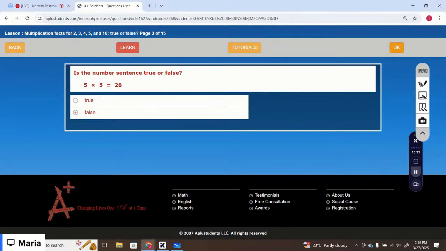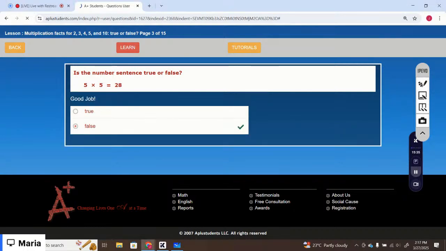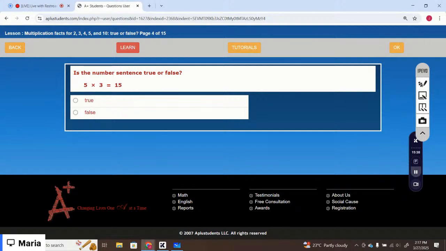False it is. Option number 2 is the correct option. Is the number sentence true or false? 5 times 3 equals 15. Is it true or false? True it is.